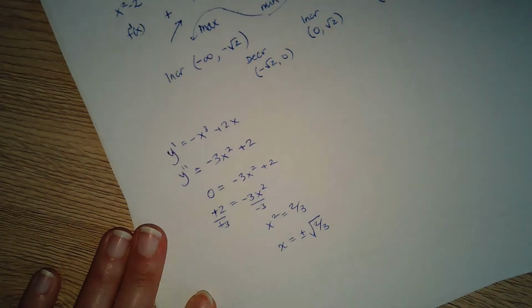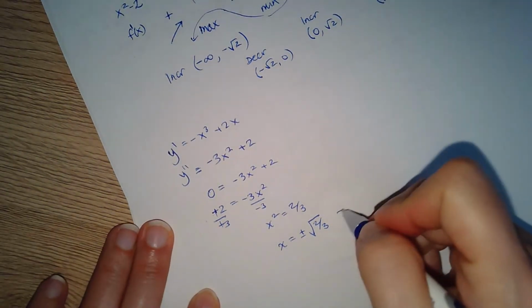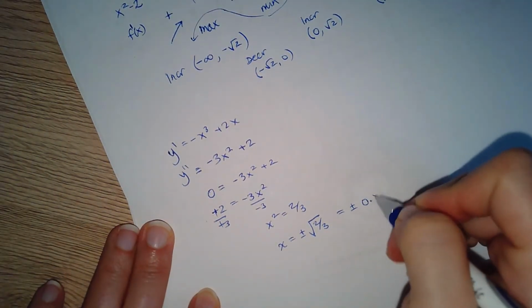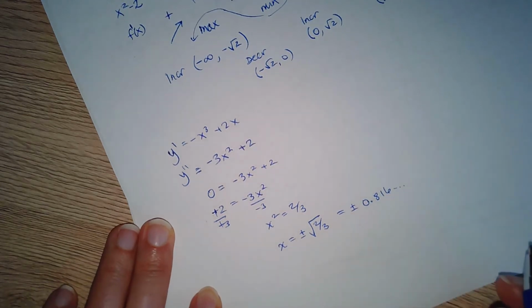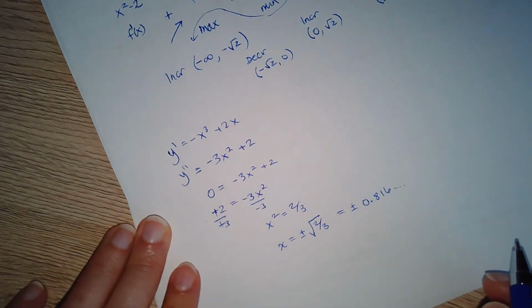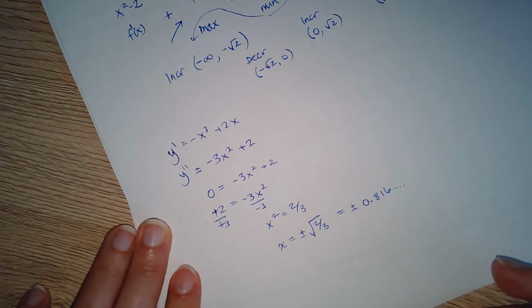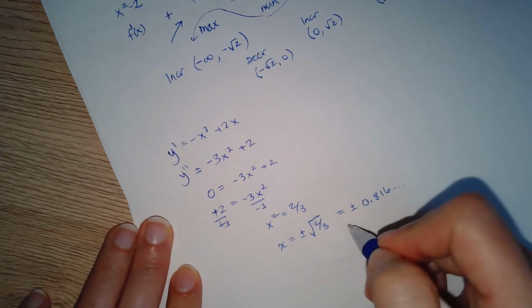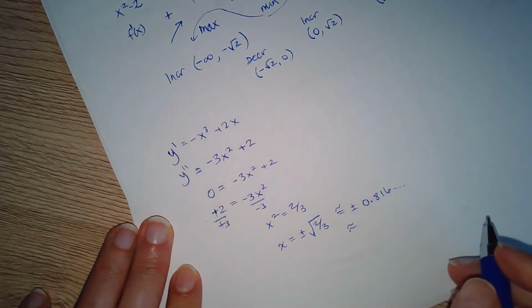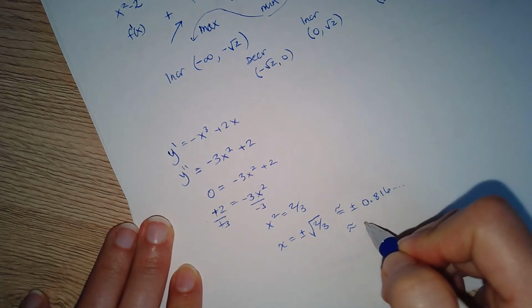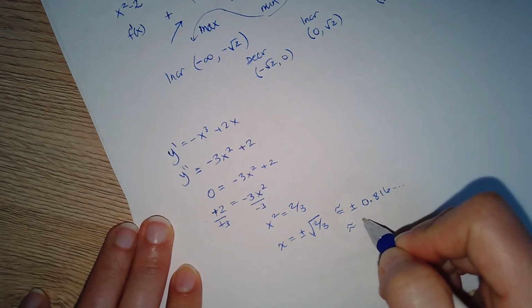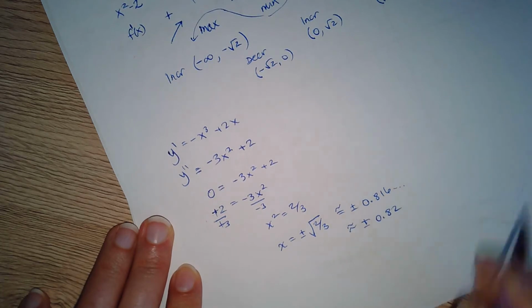So plus or minus 0.816, etc. Again, it's irrational because we can't take the actual square root, so it's going to go on forever and not repeat. But at least for the sake of graphing it, we can do that. So I'm going to use plus or minus 0.82.